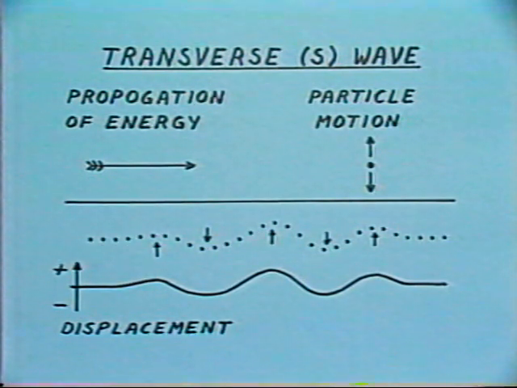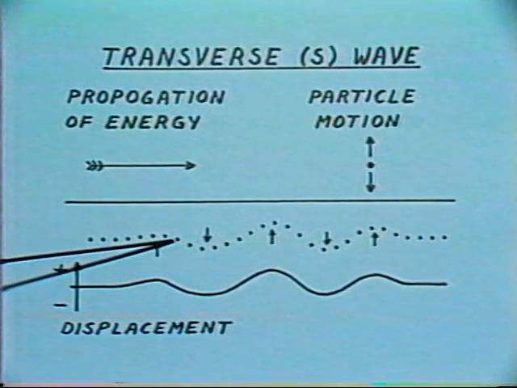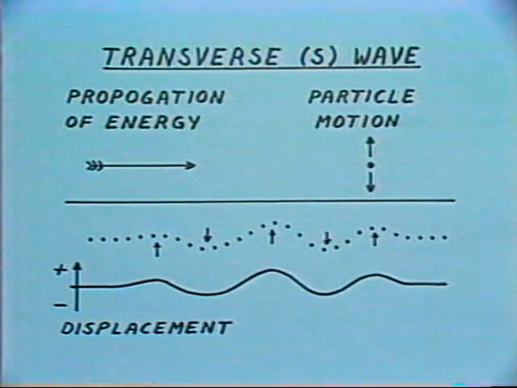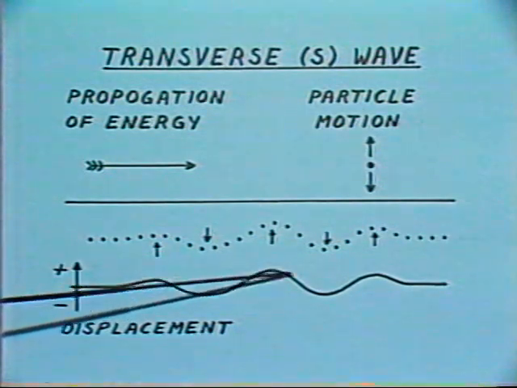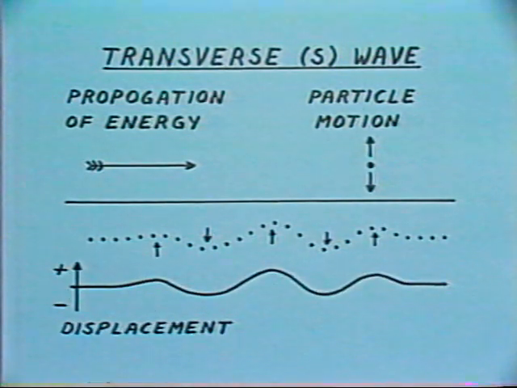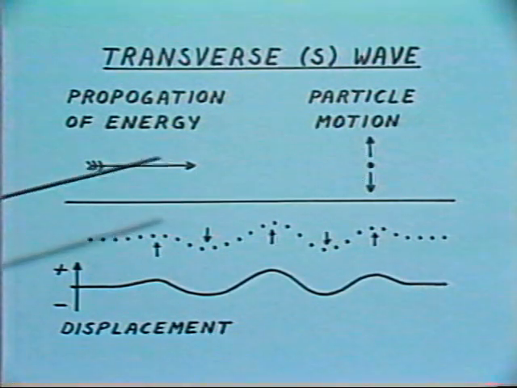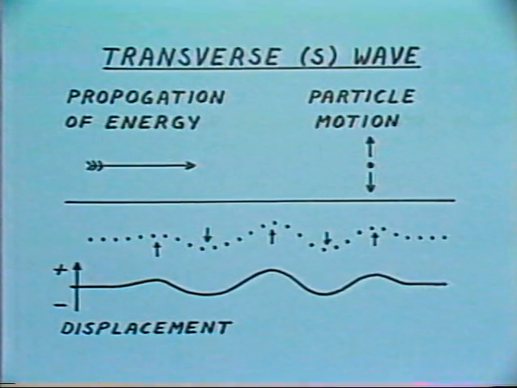So the displacement of these Earth particles gives a kind of picture of the wave motion, just as though we had plotted out the displacement of the particles from their rest position in this way. So this is the transverse wave, and obviously it's called a transverse wave because the particle motion is transverse to the direction of travel of the wave energy.